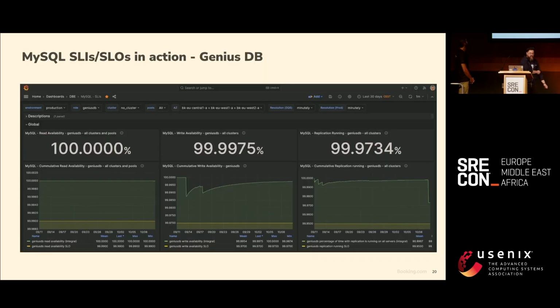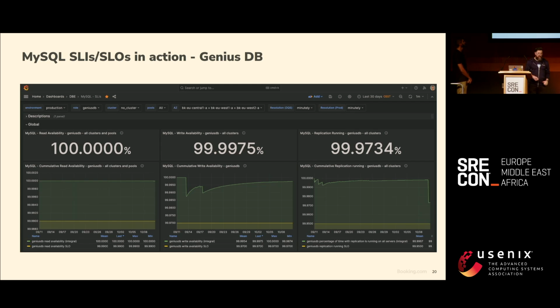But now, let's see real numbers from Booking.com. Probably if you know Booking.com, you have heard about the Genius program, Genius level, or whatever. This is the Genius cluster, the SLOs of the Genius cluster for 1 month. That's 30 days. We have read availability, write availability, and replication running. In all 3 cases, this is a really good month.